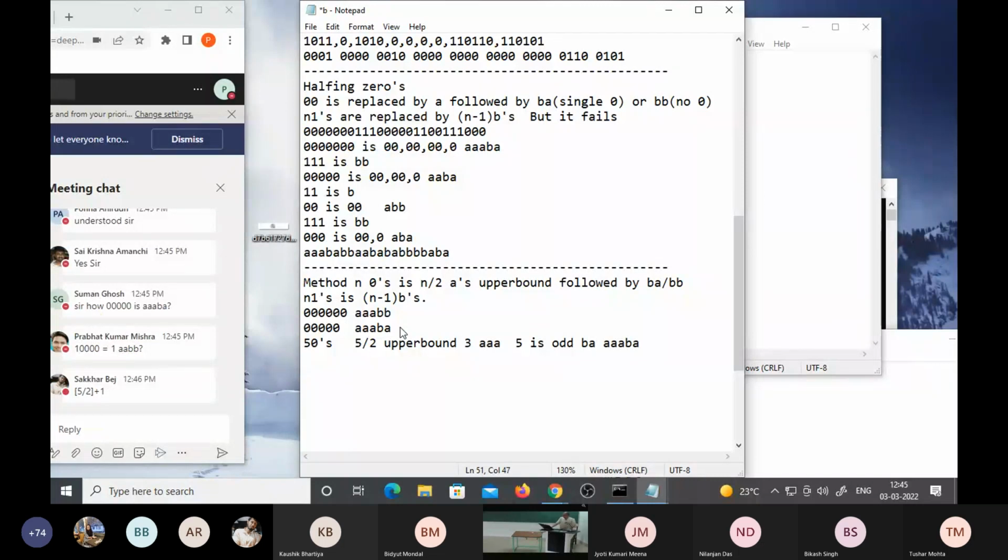No, it is wrong. It is not 5 by 2 plus 1, it is 5 plus 1 by 2.